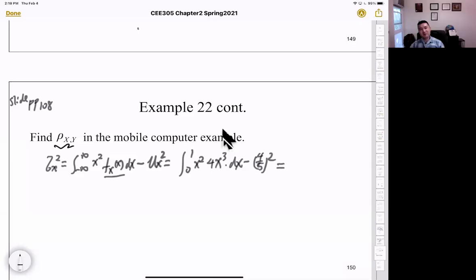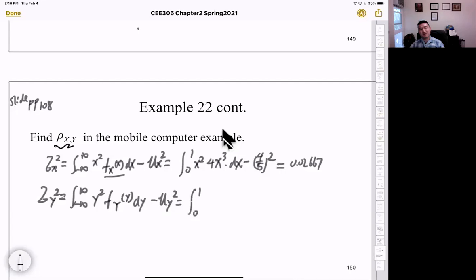So this is 0.02667. Similarly for y, it's the integral of y squared times the marginal function fy(y) dy, minus mu y squared. The range is still 0 to 1.